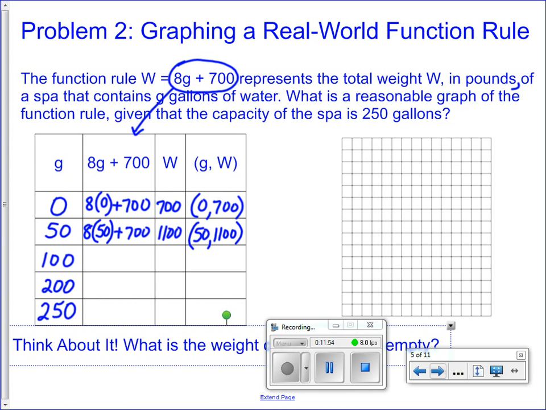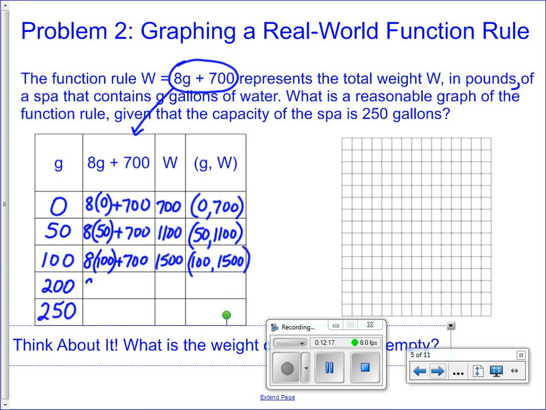All right, next I'm going to substitute in 100 for my gallons. 8 times 100 is 800, plus 700 is 1500. So I have the ordered pair 100 and 1500.